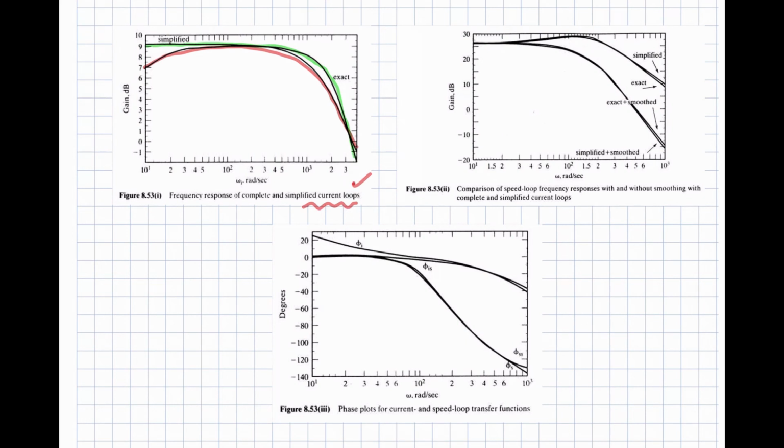Similarly, if you compare the speed loop frequency response with and without smoothing, and with complete and simplified current loops, here you can see the differences are very small. And what do we mean by smoothing? That we are going to introduce a pole that is going to cancel the zero 1 plus sTs that we have seen before. So the exact and the simplified or smoothed methods are giving you nearly the same results, right?